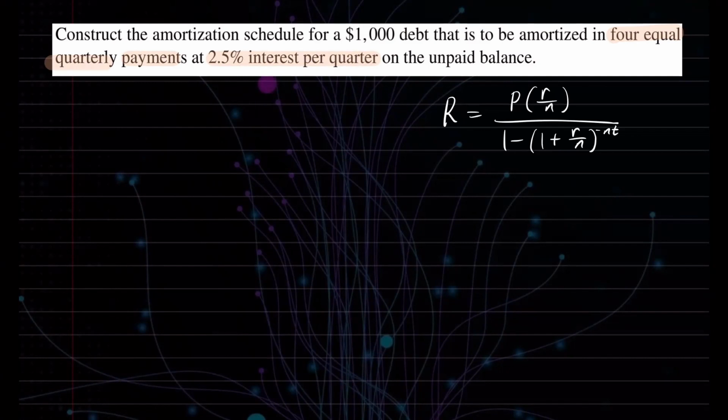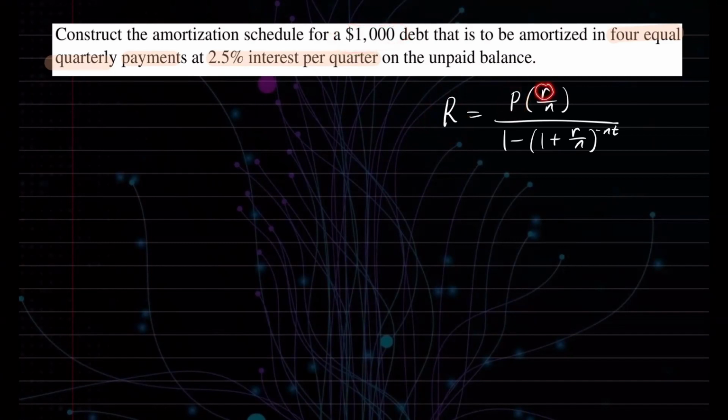So first of all, you should remember this formula, or some variation of this amortization formula, where a loan is amortized. Big R represents your payment, how much you're going to pay. In this case, it's not going to be monthly, it's going to be a quarterly payment. And P is the loan amount. In this case, that will be $1,000.